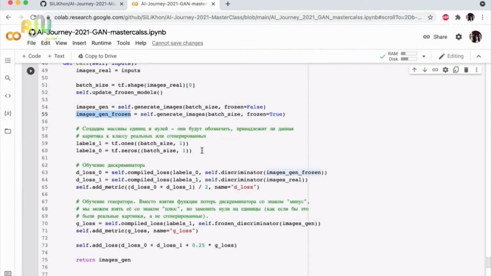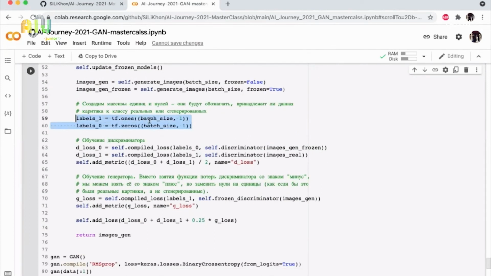Then, since the discriminator is classifying, we need to supply it with a set of right answers, with a set of truths. One is going to correspond to the true images from the real data set, and 0 is going to correspond to images that had been generated by the machine. So we just take a loss function and we call it.